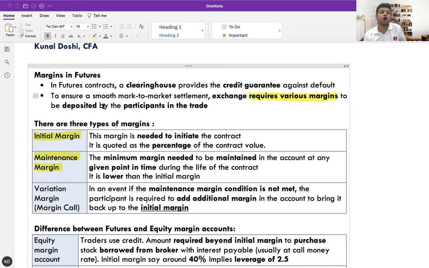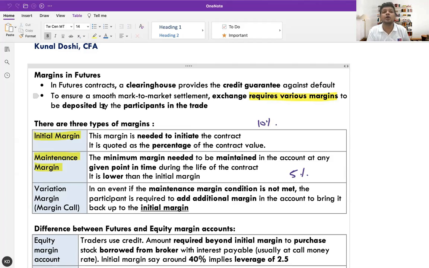That minimum level is called maintenance margin. So let's say if 10% or $10,000 is my initial margin, then 5% may be my maintenance margin. So the exchange will tell me at no point, Kunal, should your balance in the account go below 5% or 5,000. Clear? Right?